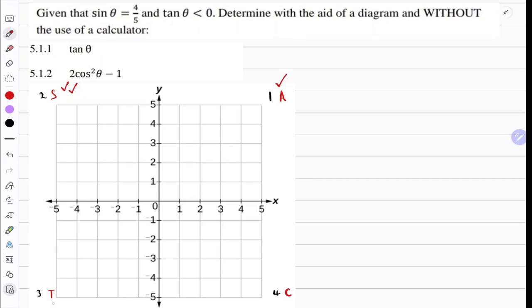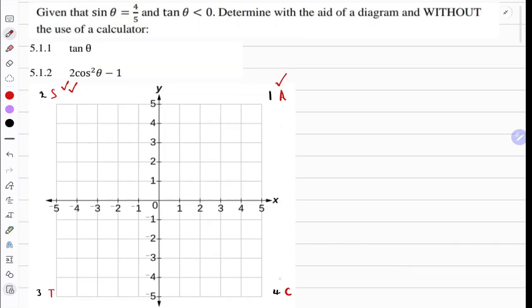Tan theta is positive in the third quadrant, and tan theta is negative in the fourth quadrant. So we choose the second quadrant because in the second quadrant sine theta is positive and tan theta is negative.